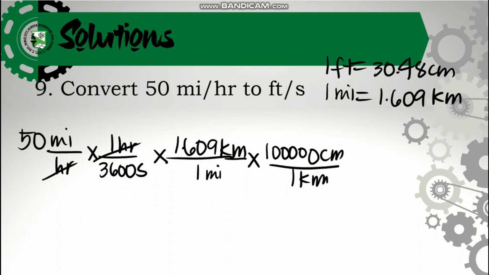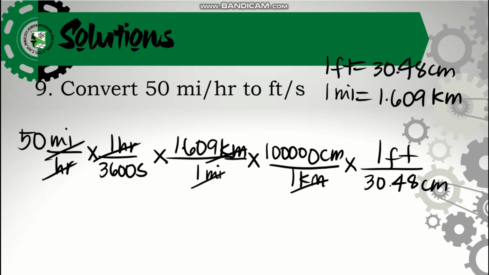So we all know that 1 kilometer is equal to 100,000 centimeter. If you are not familiar with this one, you can write the number line. Tanda pa ba yun? Yung meter yung nasa gitna, and then you're just going to move the decimal to convert a centimeter, for example, to kilometer, or meter to centimeter, and so on.